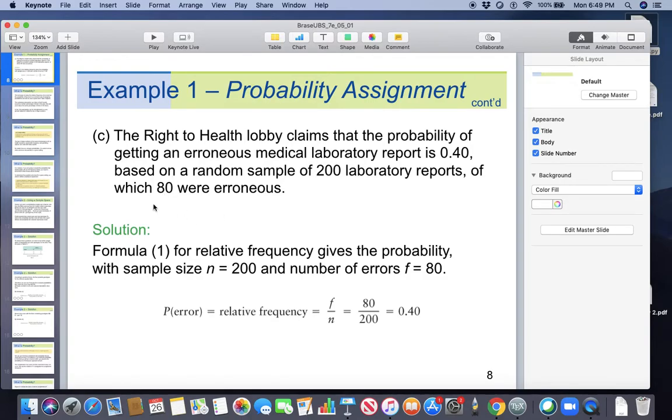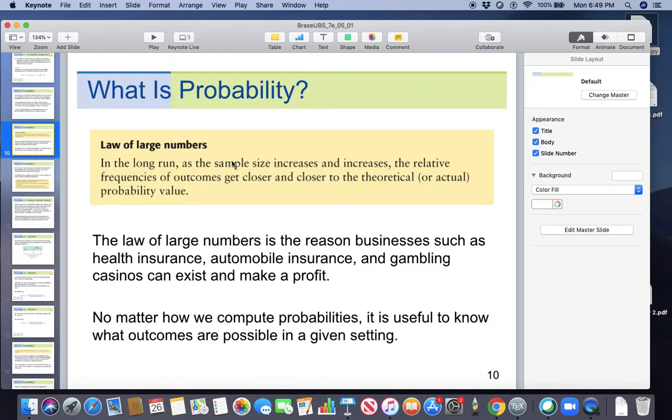If I have doubled the sample, I would double it. That's an expectation. So that is what it means: as the sample size increases and increases, the relative frequencies of outcomes get closer and closer to the theoretical probability value. So whatever the actual probability value is, you are probably going to approach that particular value.